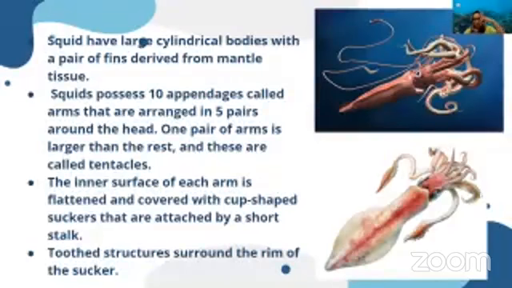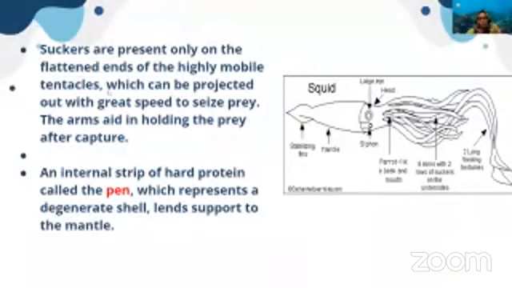Small cup-like. So the suckers are present only on the flattened ends of the highly mobile tentacles, which can be projected out with great speed to seize prey. The arms aid in holding the prey after capture.